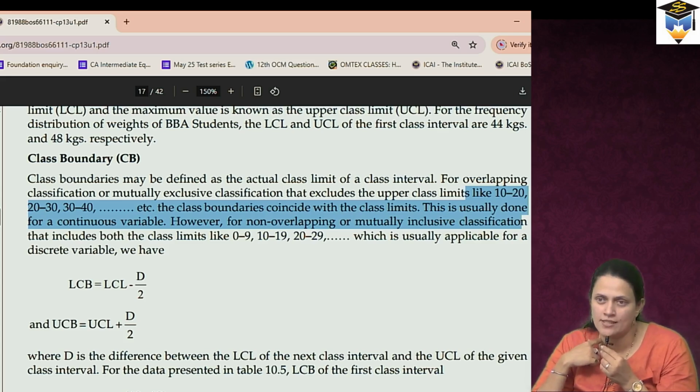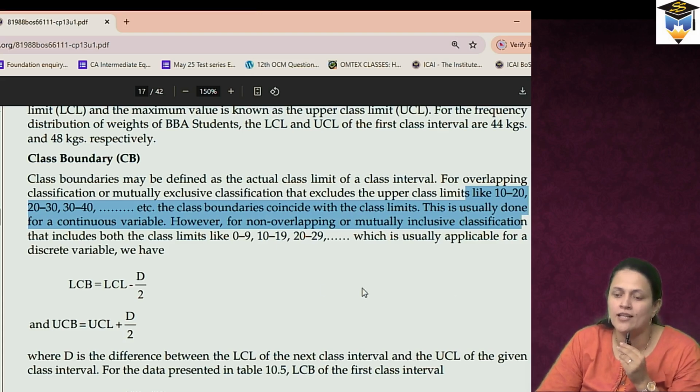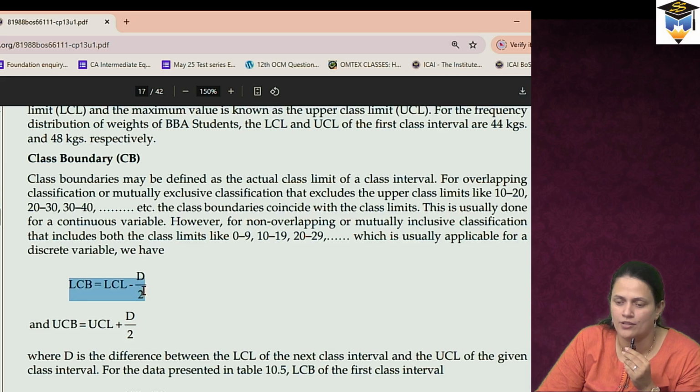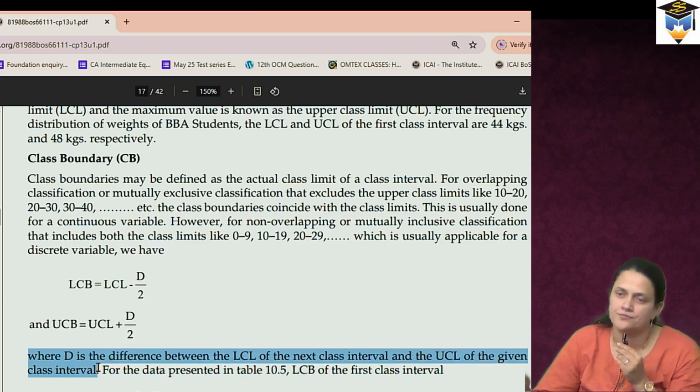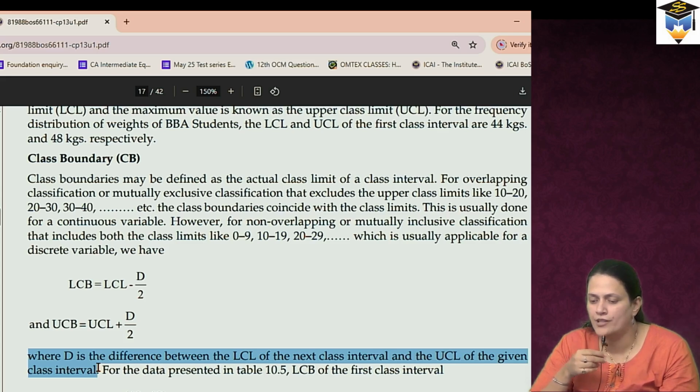I will explain with the help of an example, and it will be easier for you to understand. Just write down the formulas right now, where D is the difference between the lower class limit of the next class interval and the upper class limit of the given class interval.